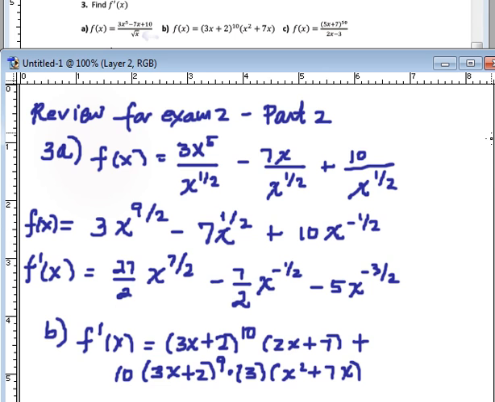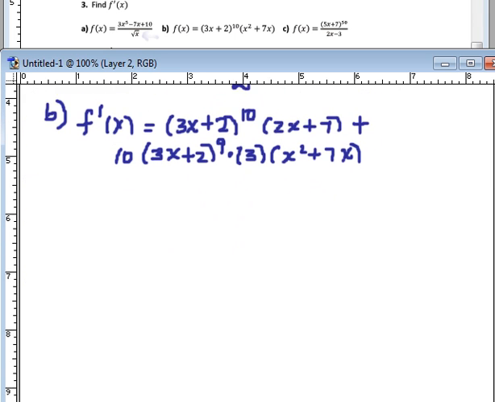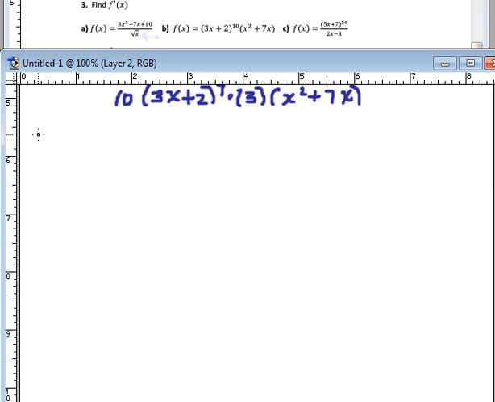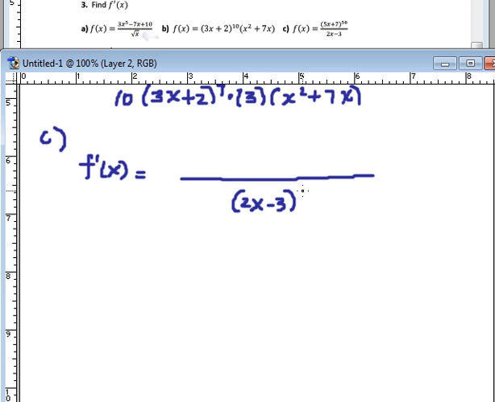Okay, let's look at C. We have a quotient. Alright, so we're going to use the quotient rule. So first we start by squaring the denominator. That's 2x minus 3 squared, and that goes in the denominator. Then we write the denominator here, right on top.